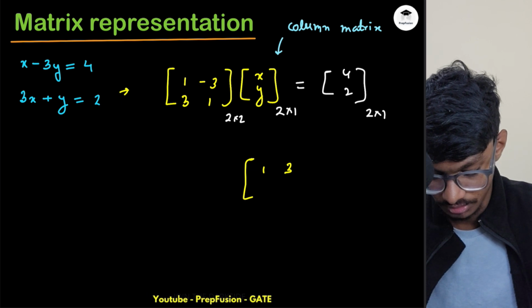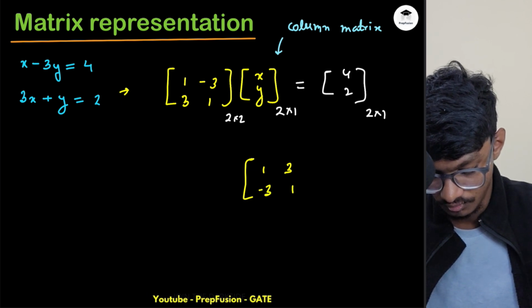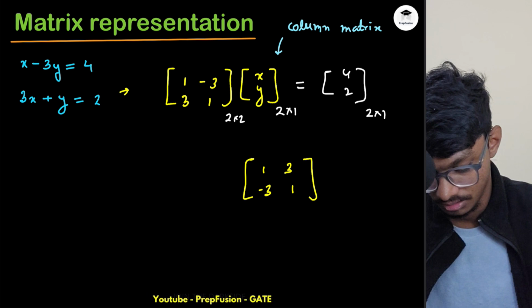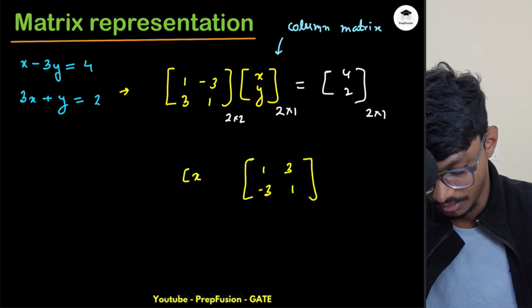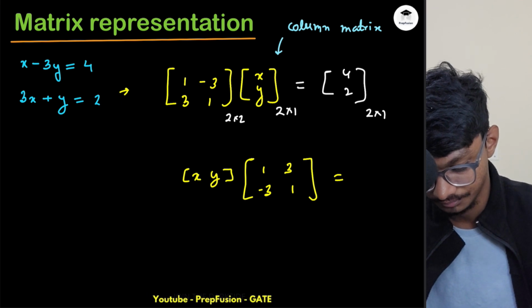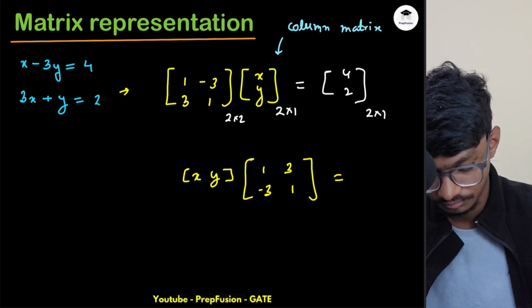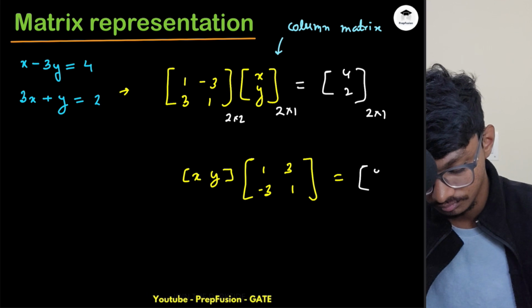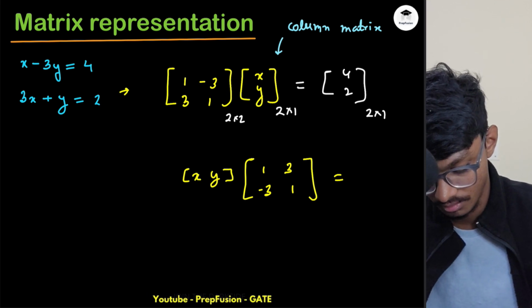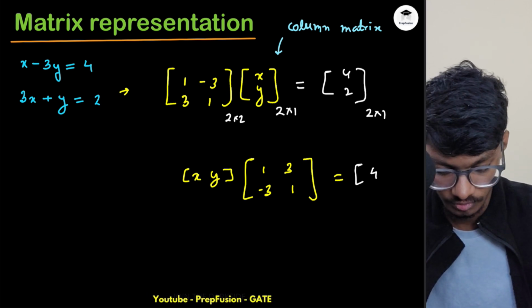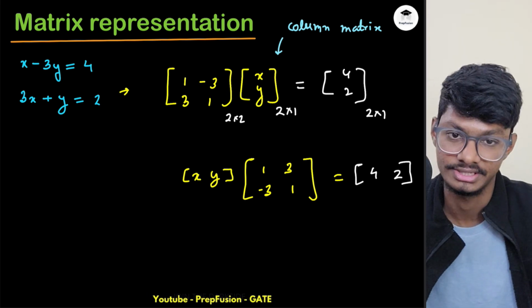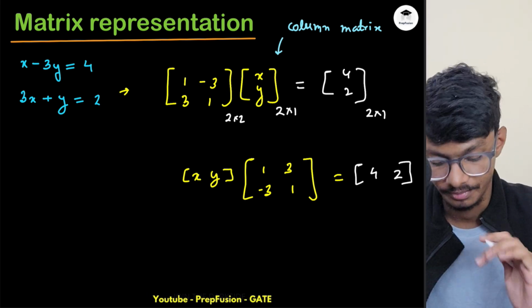This will be 3, minus 3, 1, and this will be x comma y, and this is 4 comma 2. Now this also will be changed. This will be 4 comma 2. Basically the representation has changed from column to row representation.